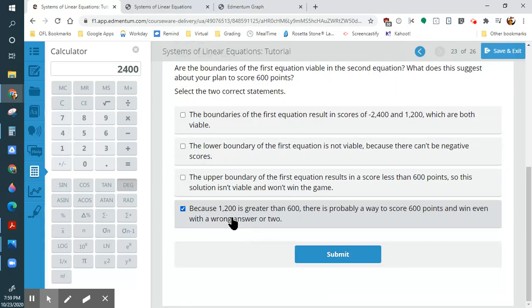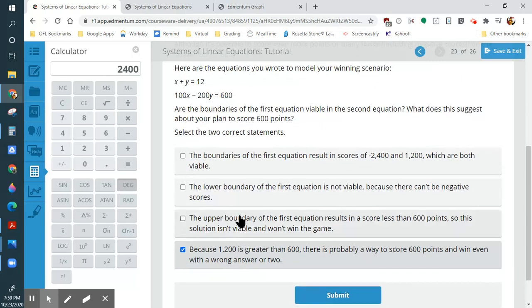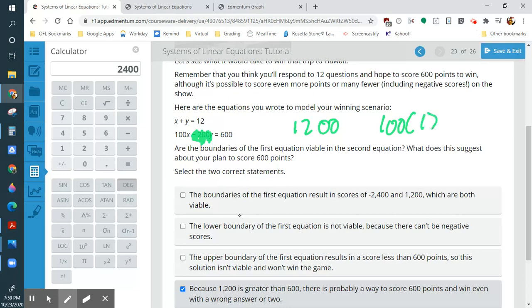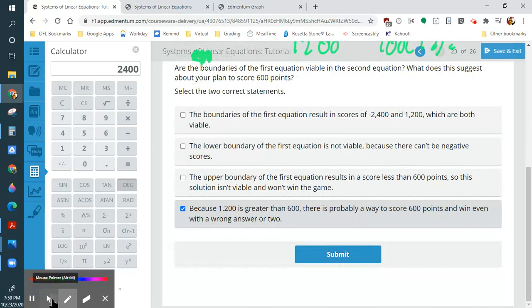This is the only one that makes sense to me, because if we get all the questions right, we get 1200 points. So let's pretend our upper boundary is 1200 because we're going to assume the best case scenario. She gets all of them right. So even if she gets a couple wrong answers, we should still be fine.